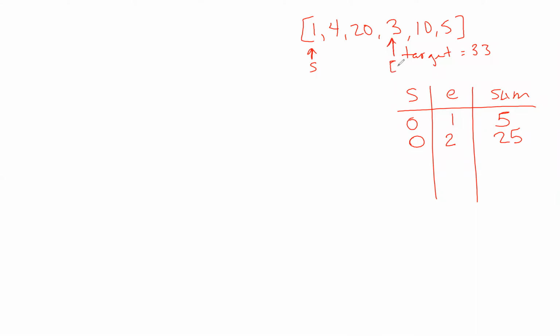So we want to, again, increase E to 3. Okay. And then we add that 3 to the sum. So 25 plus 3 is 28. And it's not equal to the target. It's less than the target. So we need to increase E again.